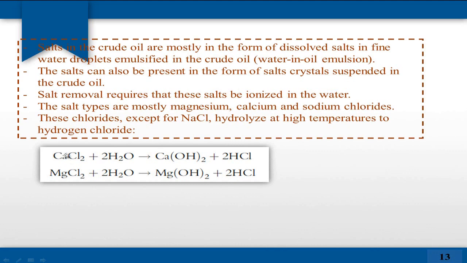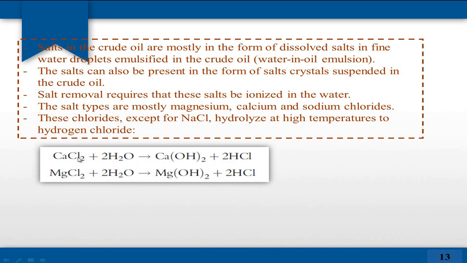Salt can hydrolyze to form hydrochloric acid, even as a gas at high temperature. And the HCl here, after being exposed to water that is condensed in the crude tower overhead, can cause serious corrosion.